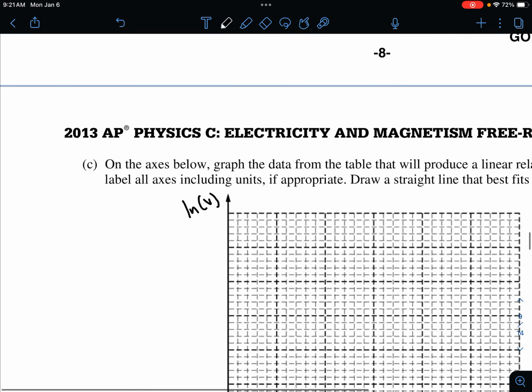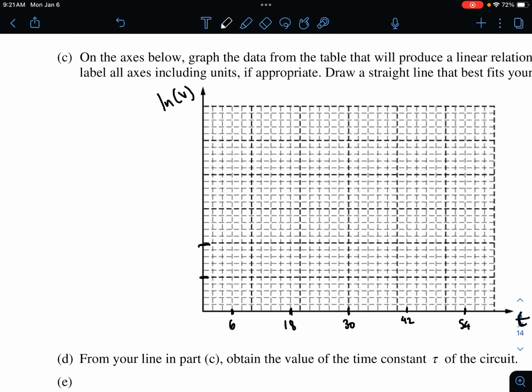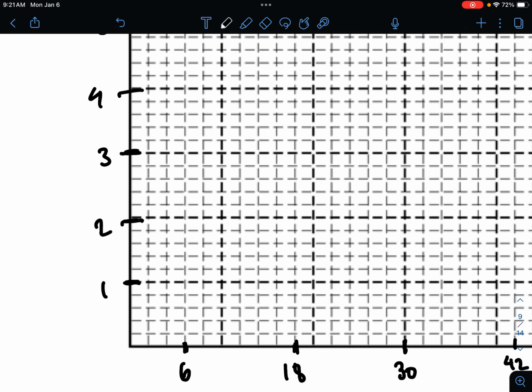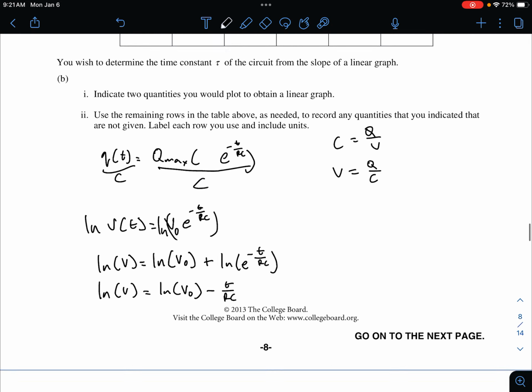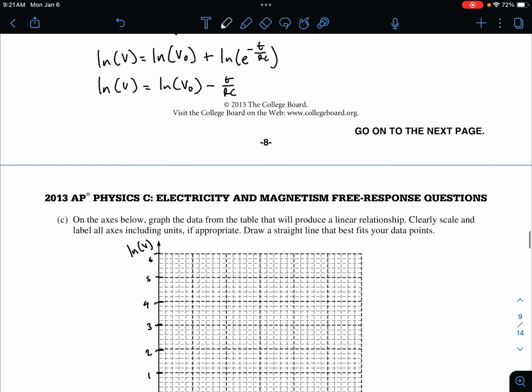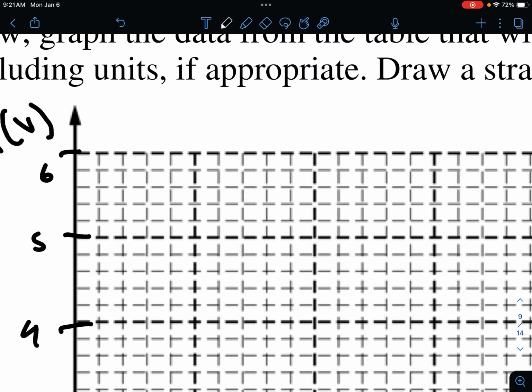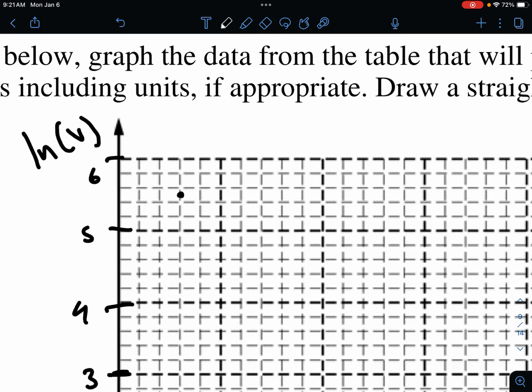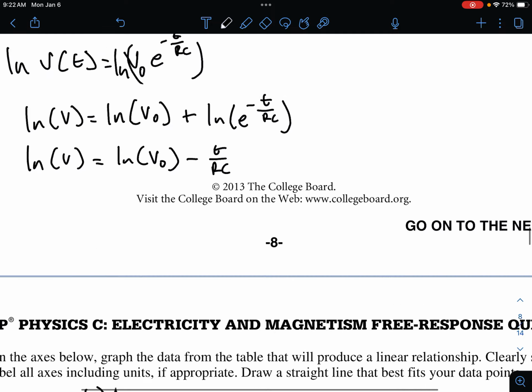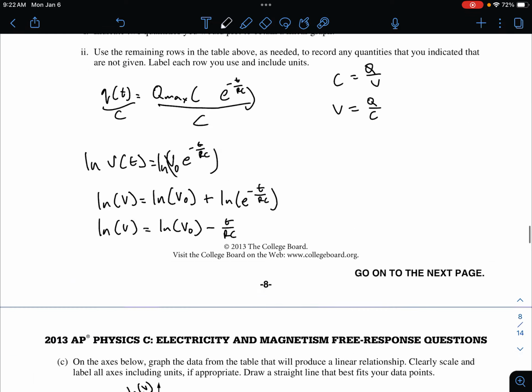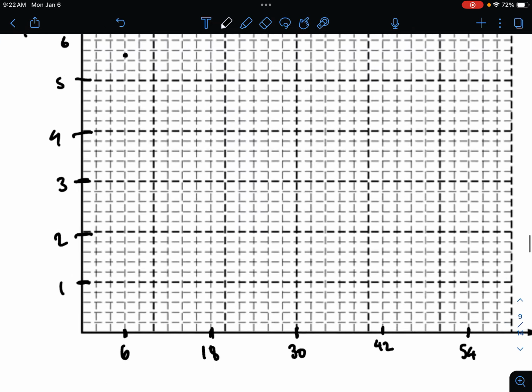because this could be like 1, 2, 3, 4, 5, 6, and I can use my points like 0.2, 0.4. So start at 6, I have 5.53. So 5 point, I guess right around here. 18, so at 18 it would be 4.30.